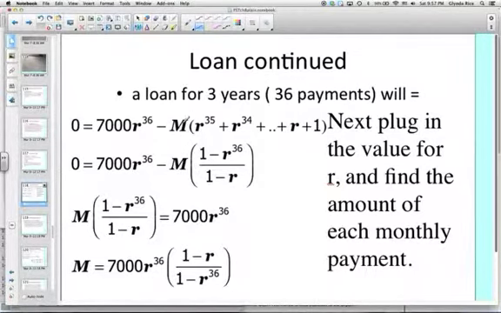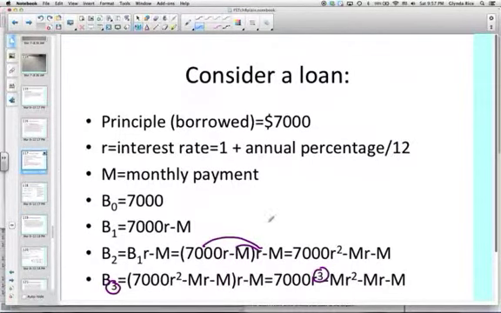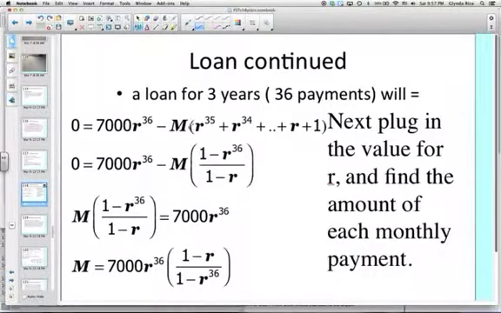So the M has been factored out, and you have R to the 35, R to the 34, all the way down to R to the first, and then R to the 0 or 1. Let me go back here. And you see again that it was 7,000 R to the third, and then all the MR. So here's where you're factoring the M's from. Okay, so there's the M that's been factored out. Here's the rest of this.